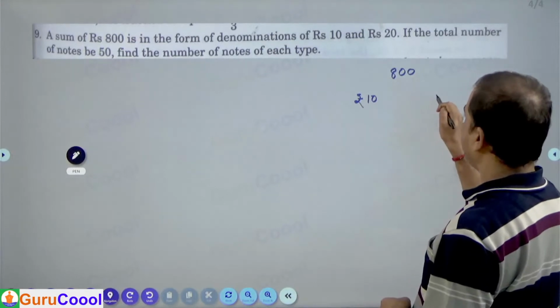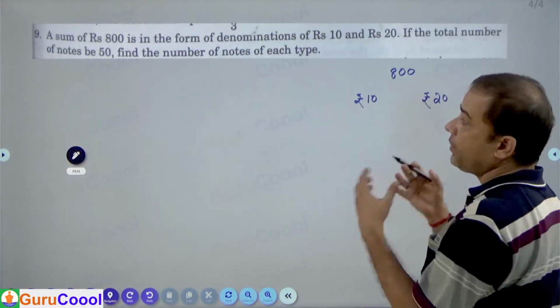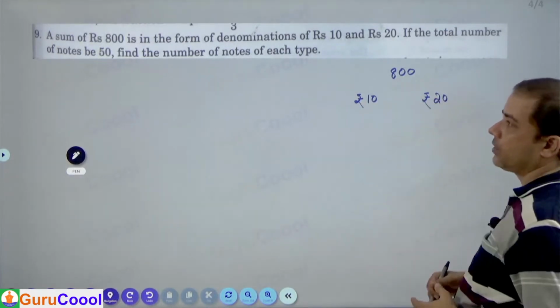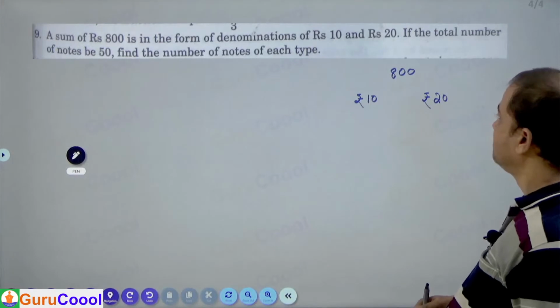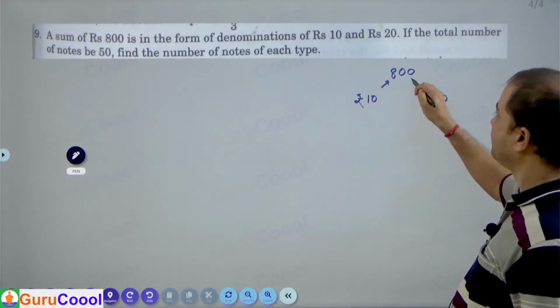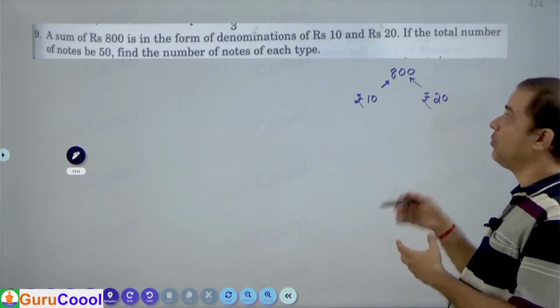But we don't know how many 10 rupee notes and how many 20 rupee notes are there.